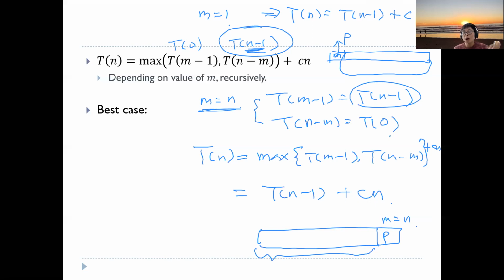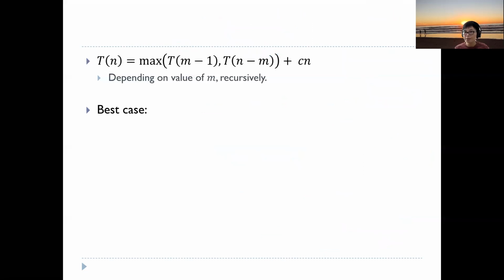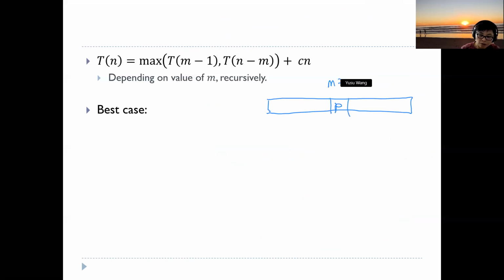Okay, because how can we make it faster? We make it faster if every time we can eliminate many numbers and only recurse on a small portion, right? So the question is, what is the smallest portion that you can recurse on? Okay, and it's not hard to convince ourselves that that happens when your pivot is in the middle.